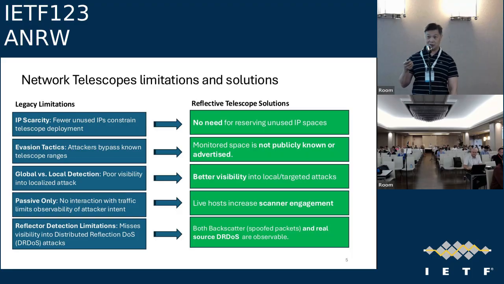After sending the first packet, the traffic is only between the reflectors and the victim IP. So basically, the darknet is completely bypassed. But in our refractive telescope, we are able to capture those real IP addresses.